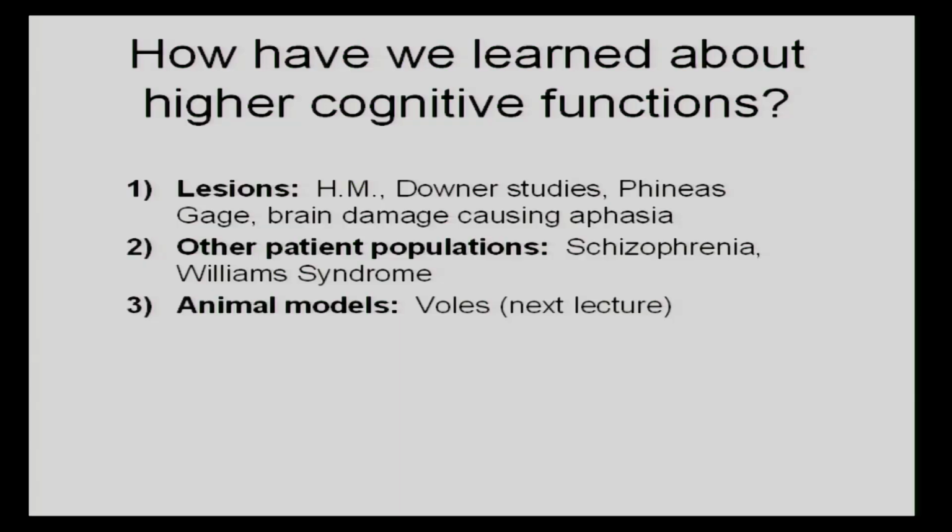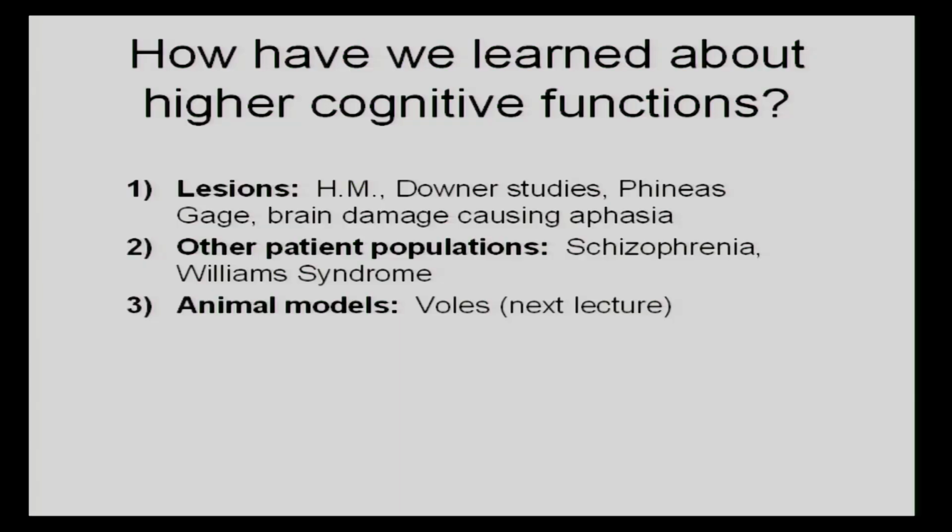But for this last third of the class in the higher cognitive functions, we've really been talking a lot about the same patterns of approaches as scientists that we've taken to understand higher cognitive functions. How have we learned about higher cognitive functions in the brain?